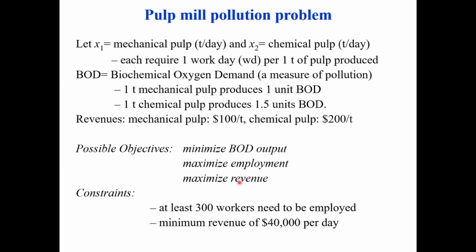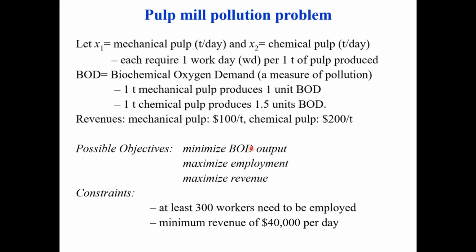Another problem that we might look at is suppose x1 is the amount of mechanical pulp in tons per day, and x2 is the amount of chemical pulp in tons per day that we produce, and each requires 1 work day per ton of pulp produced.